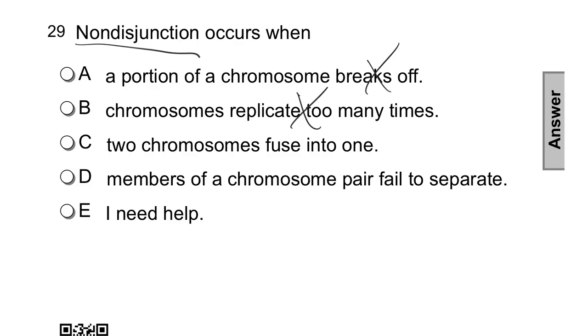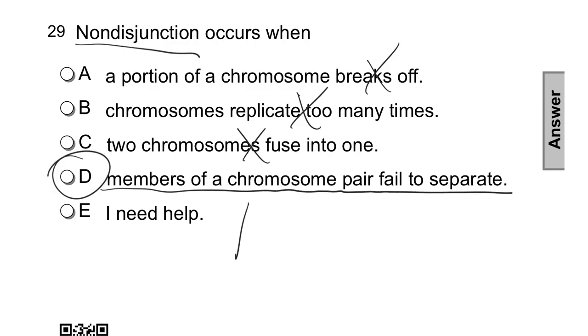No. Two chromosomes fuse into one? Not really. The members of a chromosome pair fail to separate. That's true. Or the chromatids fail to separate. That would be true too.